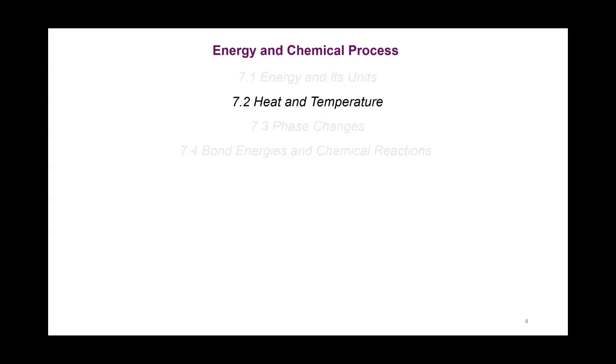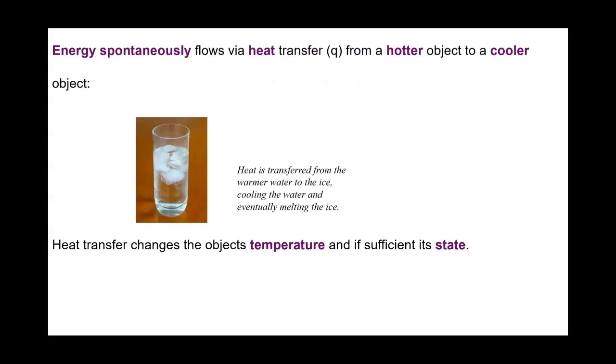So energy is related to heat and temperature. In particular, what we should realize is that heat is a form of energy. Heat is the energy associated with the random movement of particles in a sample of matter. And we should recognize that the energy will spontaneously move as heat transfer, which we abbreviate with the letter lowercase q, from a hotter object to a cooler object.